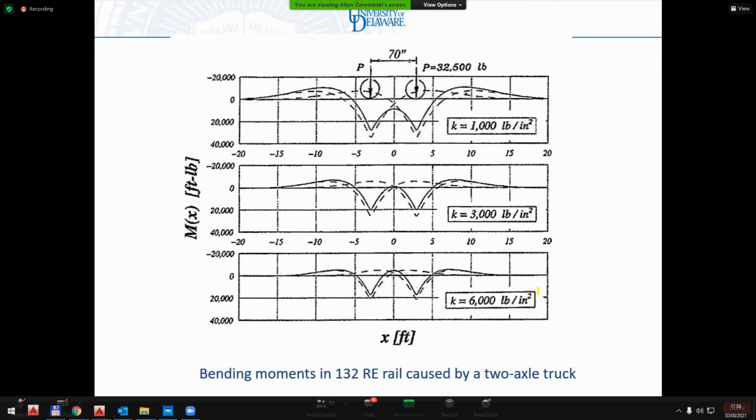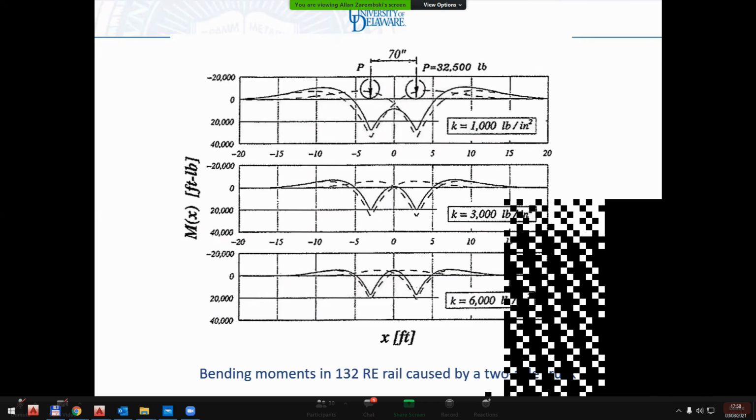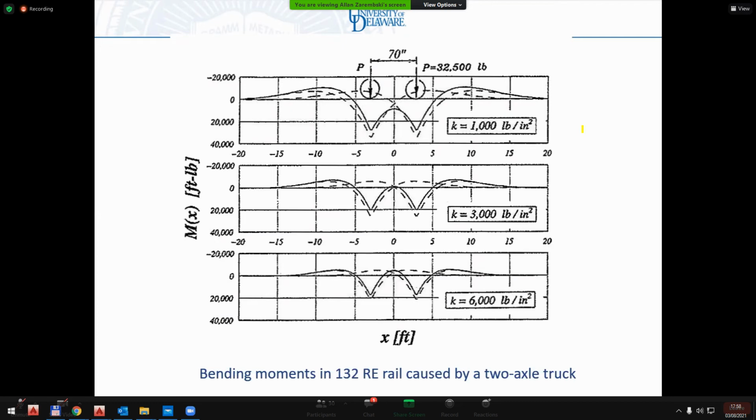The same thing happens with my moments. If I have an adjacent bogey, now in this particular case, my dash curve represents one wheel, and the second curve represents another wheel.